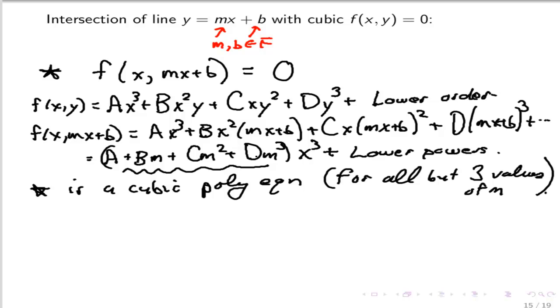And therefore we can apply the lemma we saw before. We know what 2 of the zeros of this equation are.